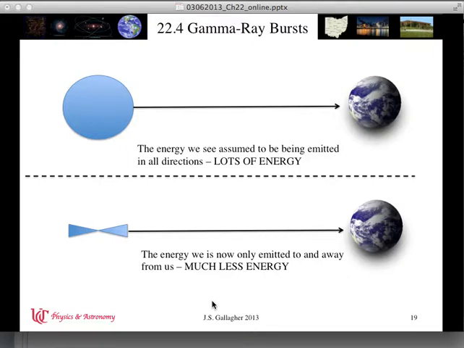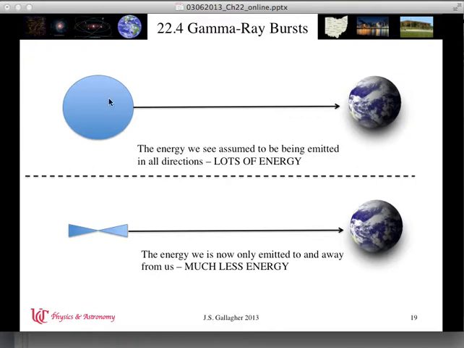What I pictured here is some explosive object that's sending its light to the Earth. When we look at how much energy actually makes it to us from that object, the natural thing to assume is that it's a spherical explosion, that it's not just preferentially sending out its radiation in our direction, that if this is the energy that we're seeing, it's also sending that same amount of energy in all directions.